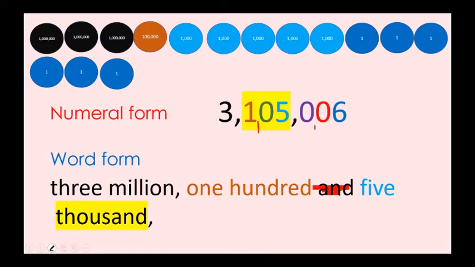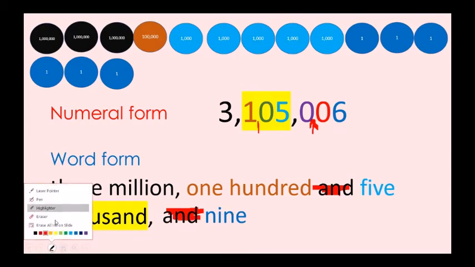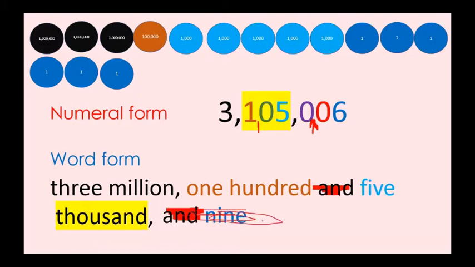What do you think? We put an and in here. And, what does that say, 9? That should be saying 6. Let's just scribble that out with our pen. And 6. Cool. Okay.